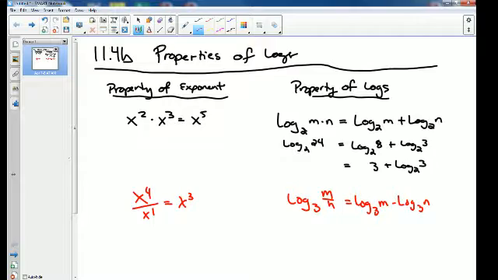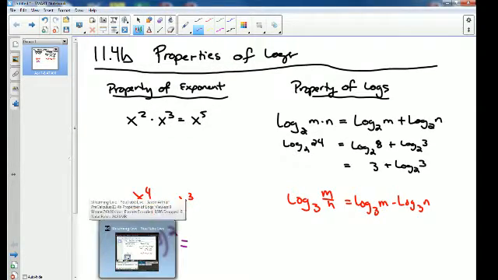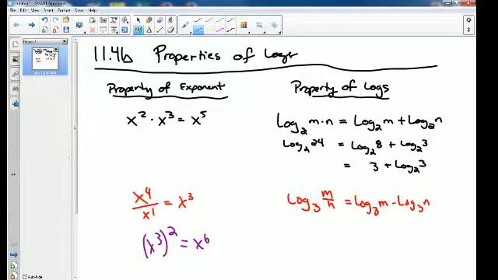How about this one? Multiply, is that what you said? Yep. We multiply.